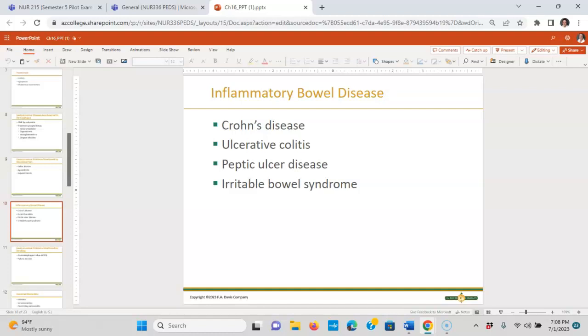So pantoprazole, omeprazole, whatever. So then the teaching is medication compliance, patient compliance, and then telling them that there's a vaccine currently under investigation for H. pylori. Avoid all NSAIDs, good hand hygiene.